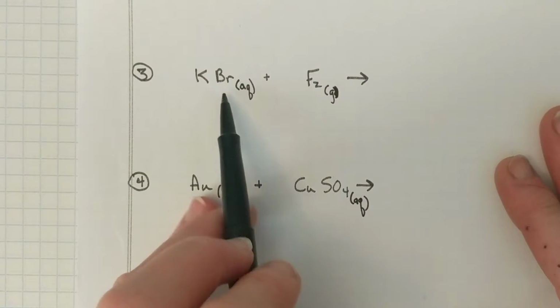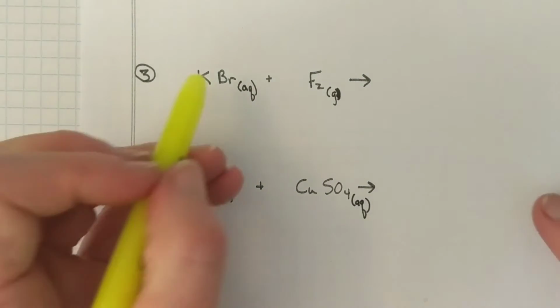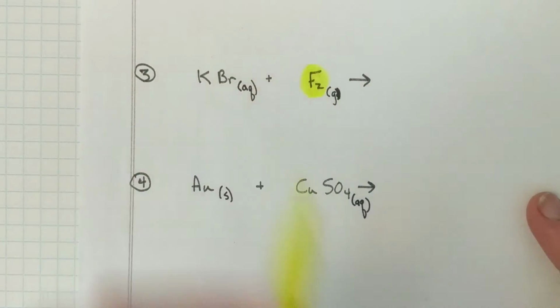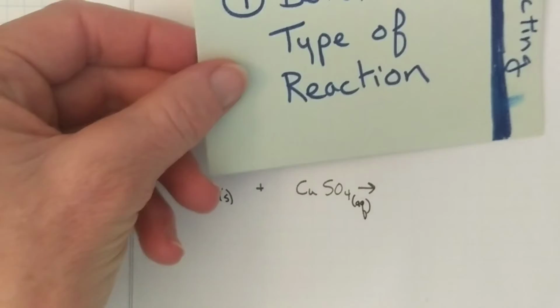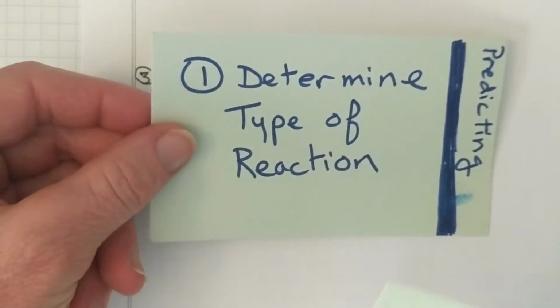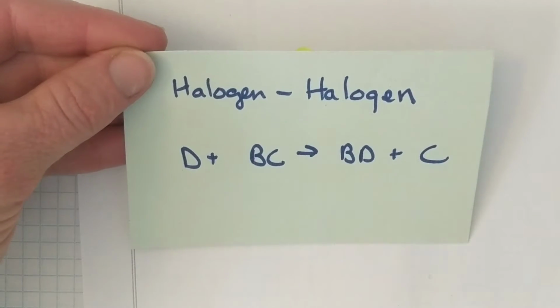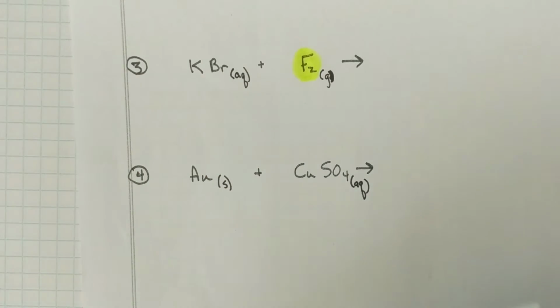Let's take a look at a halide-halide. How we recognize this is we have a compound plus a single element, and this single element is a halogen. Step 1 is to determine the type of reaction, and we've determined this is a halogen-halogen, where the single element by itself is a halogen, so it can replace the other halogen.